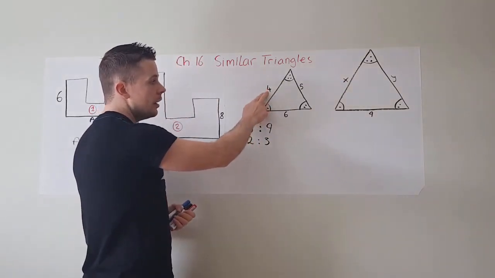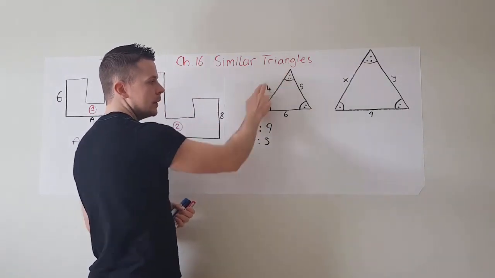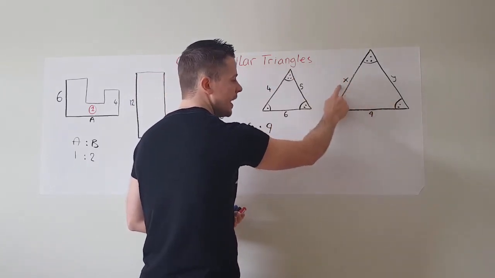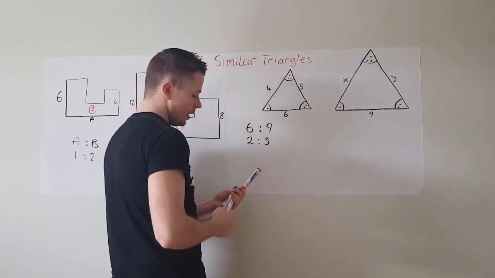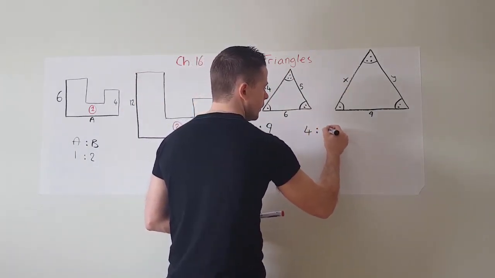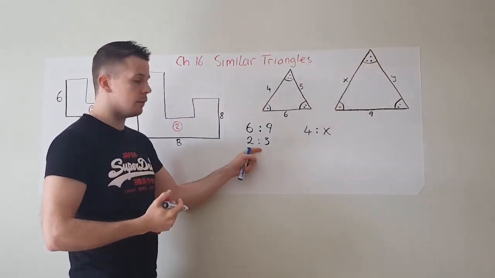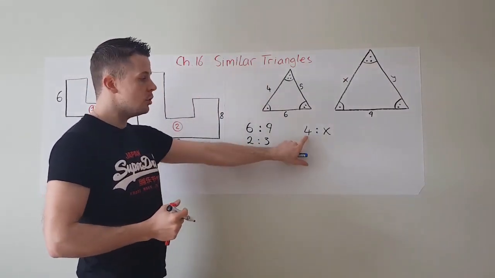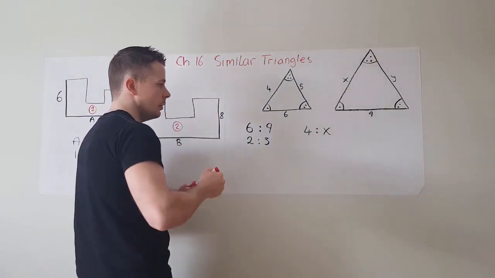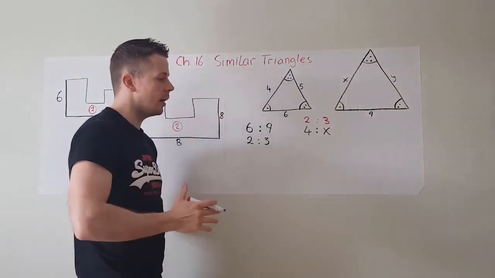So, if I take the length of side 4 here, what side corresponds with 4 in the larger triangle? Well, it is x. So if we look at 4 is to x, that also has to follow this given ratio of 2 is to 3. So if this is 2 parts, we'll put it up here maybe in red, it has to be 2 parts is to 3 parts, right?